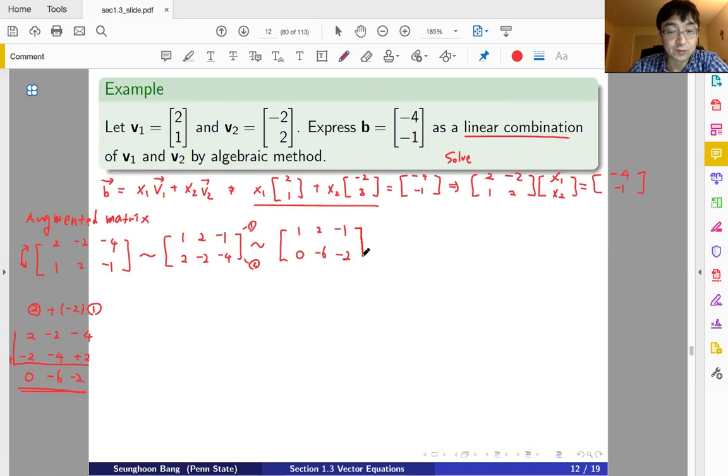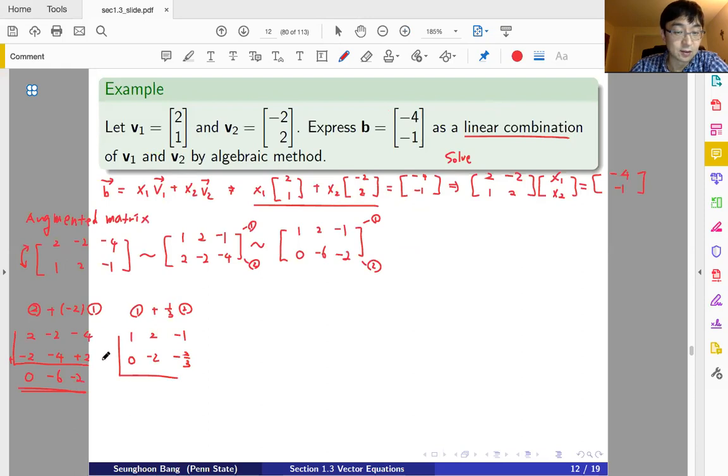The next step: you can eliminate the 2 to make it 0. How can you do that? This is the first row and this is the second row. The first row plus 1/3 times the second row. The first row is 1, 2, -1. The 1/3 times the second row is 0, -2, -2/3.